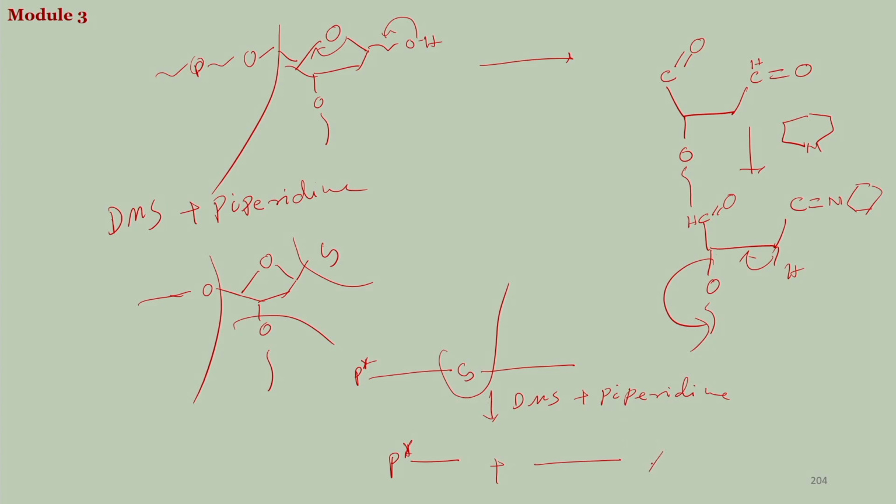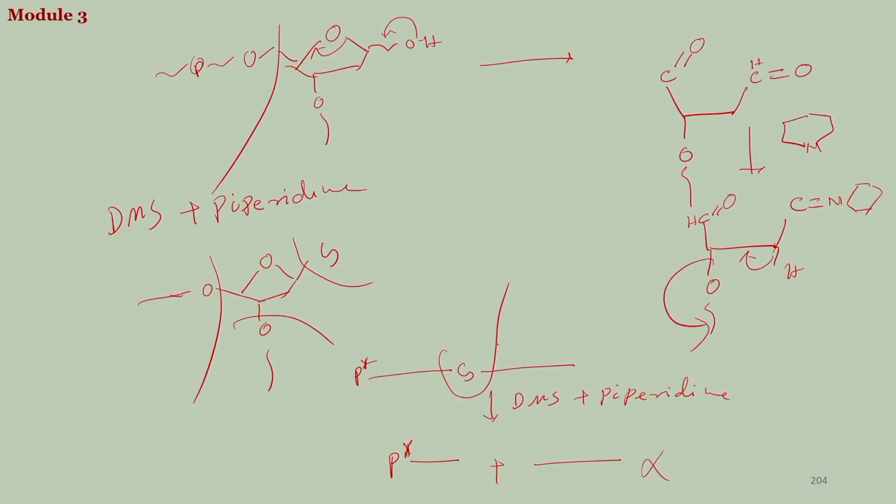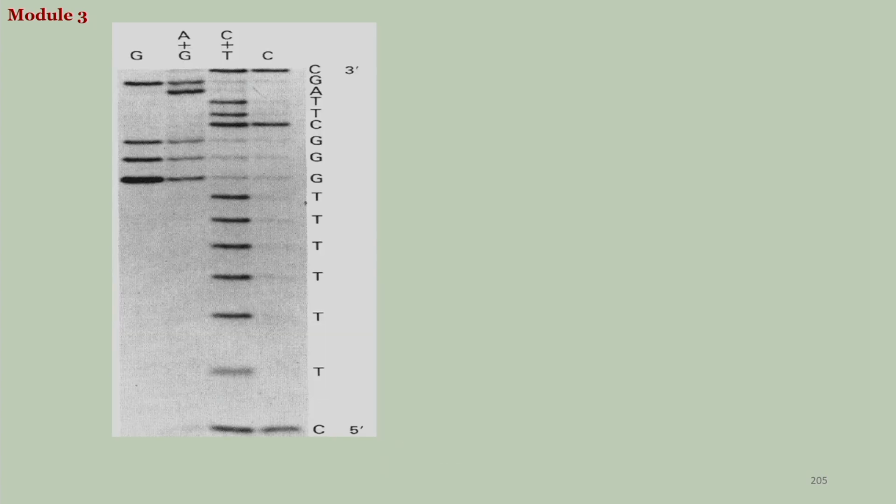So, we do not consider this strand, we will only consider the fragments which will have the labeled phosphate. And we will see in all the subsequent steps, it basically does the same thing. It chops off the nucleotide from the 5 prime end as well as the 3 prime end. So, that is the first treatment.